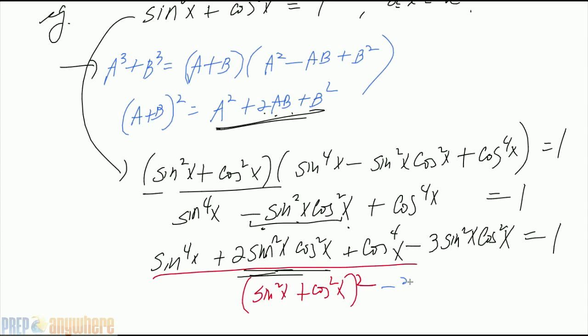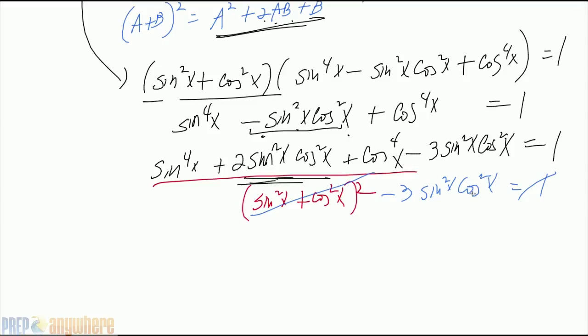That's fantastic. So it'll cancel out with this 1. So really we can say sine squared x cosine squared x is equal to 0.